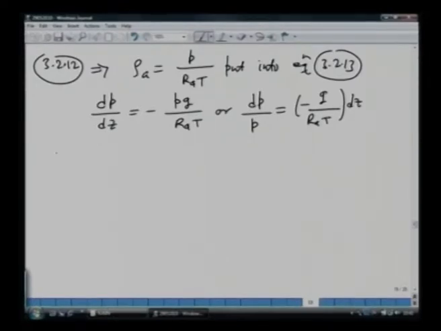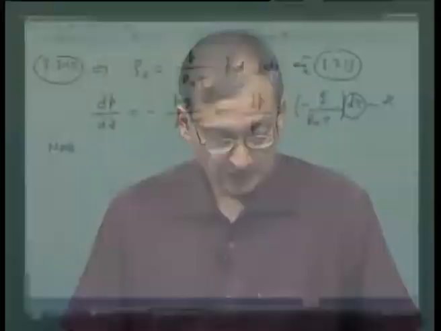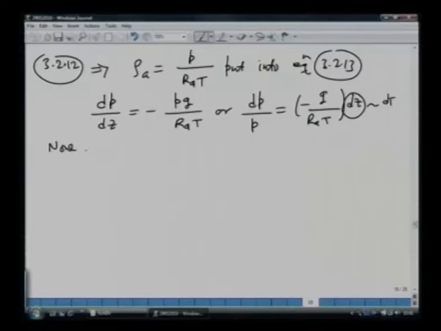Now, I want to replace this dz in the form of dT, and there is a relationship between z and T, that is how the temperature changes as a function of height. So, if you look at equation 3.2.14, you have dz is equal to negative dT over alpha.